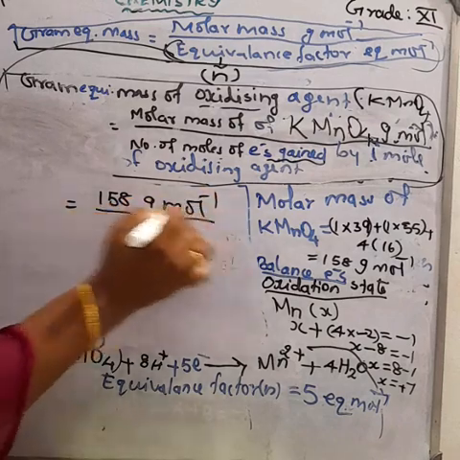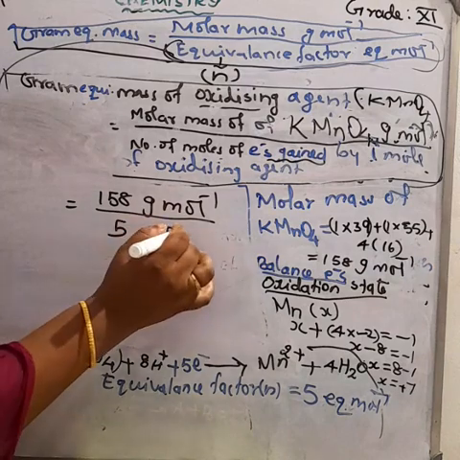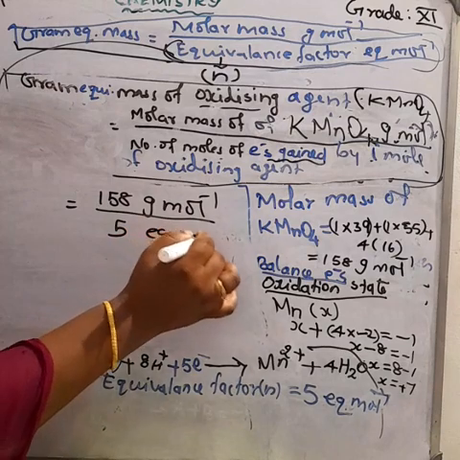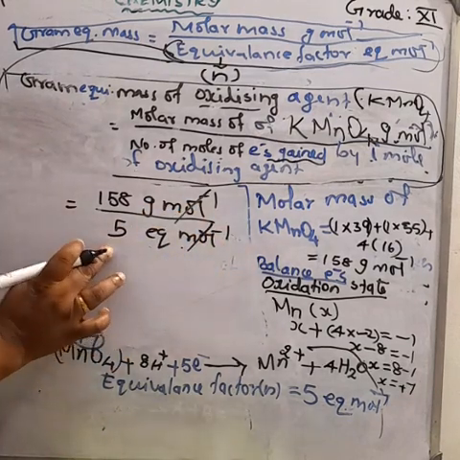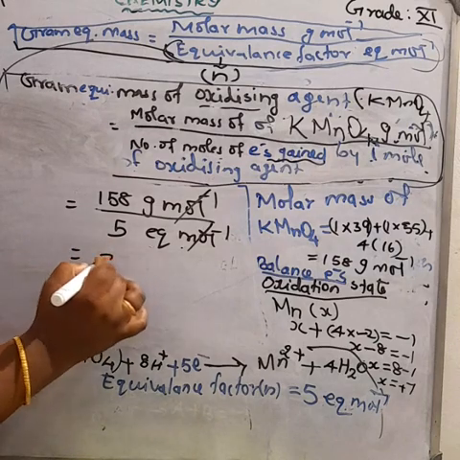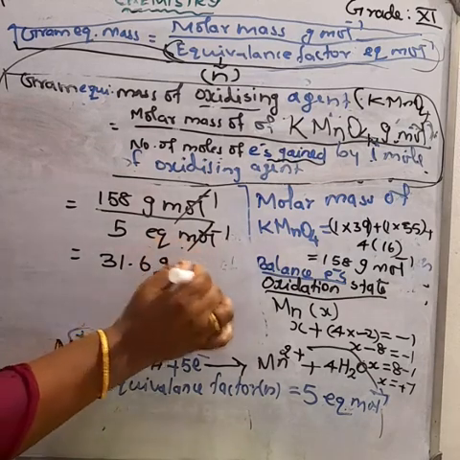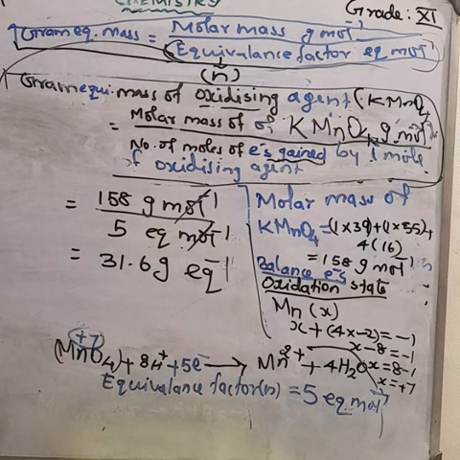So we get 5 gram equivalent per mole; the mole inverse cancels. Then 158 divided by 5 gives 31.6 gram per equivalent. This is the gram equivalent mass of potassium permanganate: 31.6 gram per equivalent.